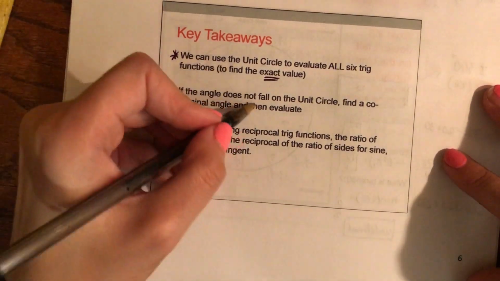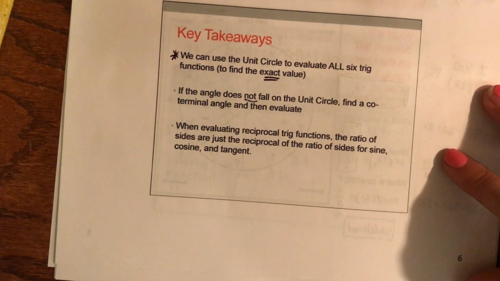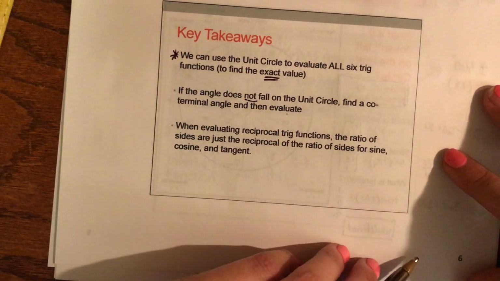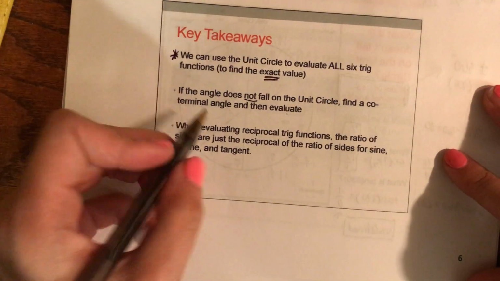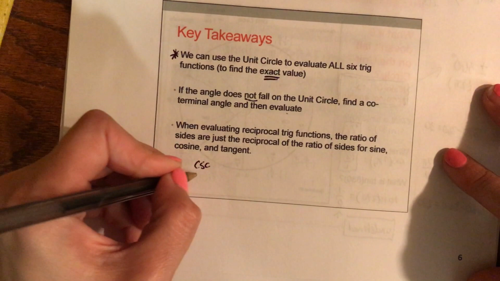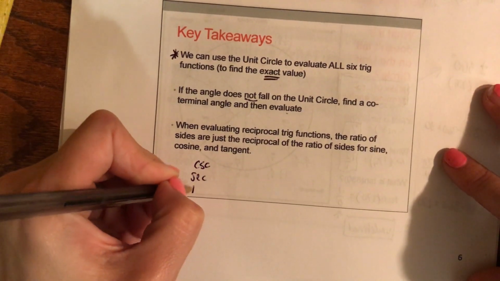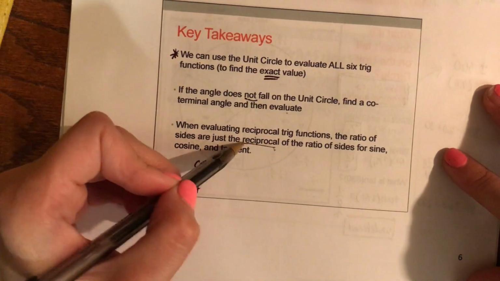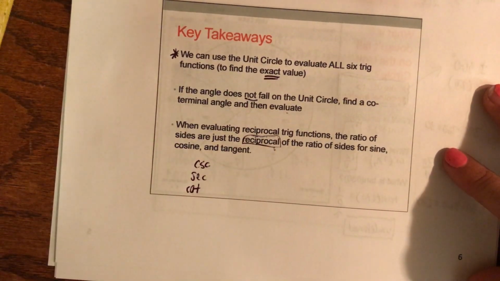If the angle does not fall on the unit circle, then you need to find a coterminal angle that does fall on the unit circle, and then evaluate using your unit circle. And then again, the last piece here is when you're evaluating reciprocal trig functions, so like cosecant, secant, and cotangent, the ratio of sides is just the reciprocal of the ratio of sides for sine, cosine, and tangent.